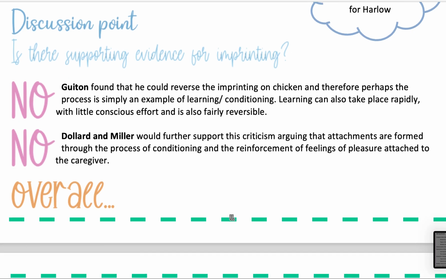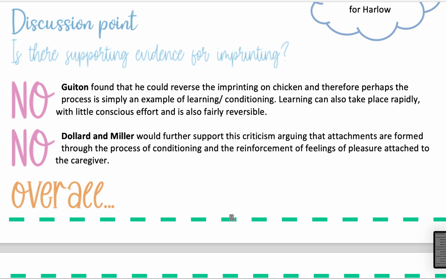Is there supporting evidence? So Guiton found that he could reverse the imprinting. Guiton is the one who, when the chick was born, showed it a yellow washing up glove. And the chicks were trying to mate with the yellow washing up glove.